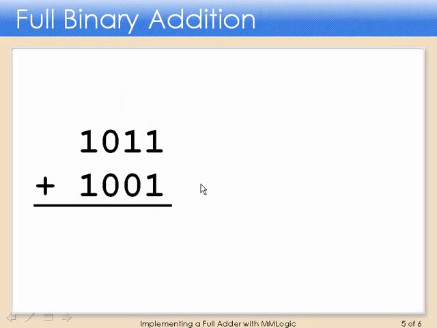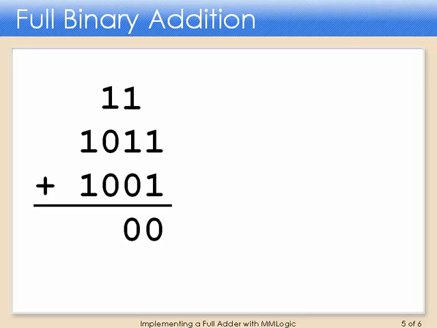And let's look at full binary addition. Here I have two 4-digit binary numbers, and we'll just add them together. So in the first column, 1 plus 1 is going to give 0, and we're going to have to carry to the next column. In this column, the carried 1 plus the 1 in the first row is going to add together to give us a 0, and it's also going to cause us to carry another 1 into the third column.